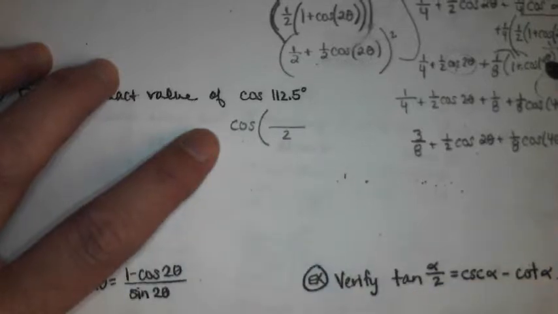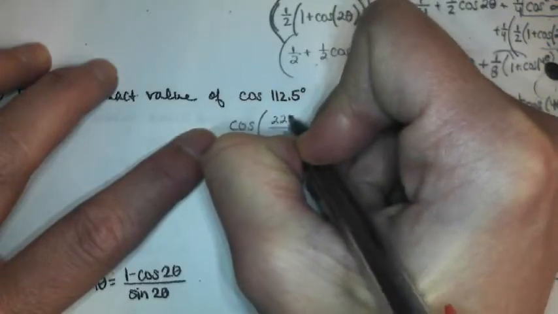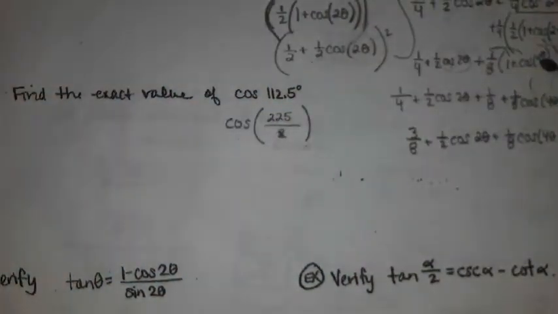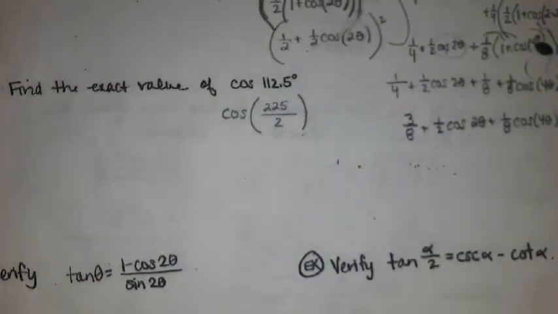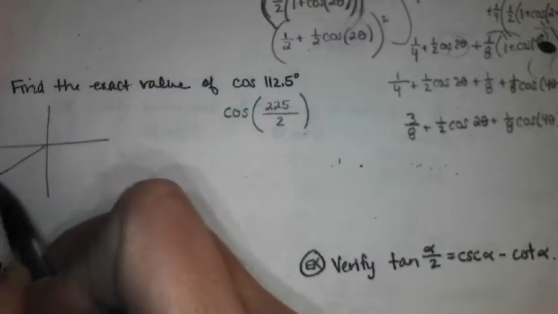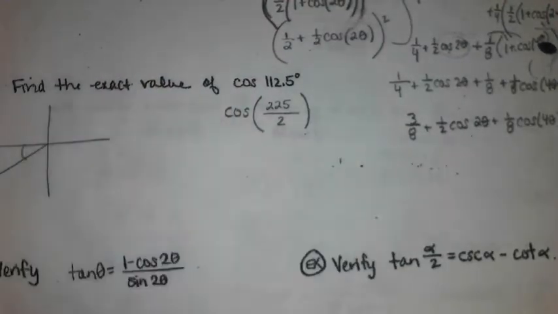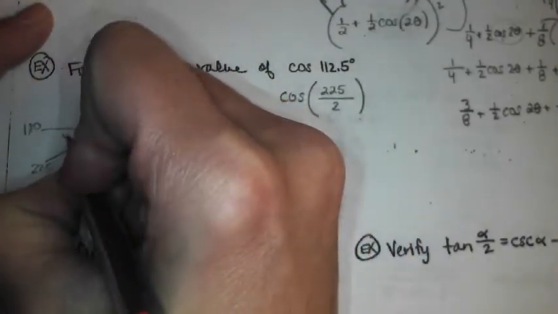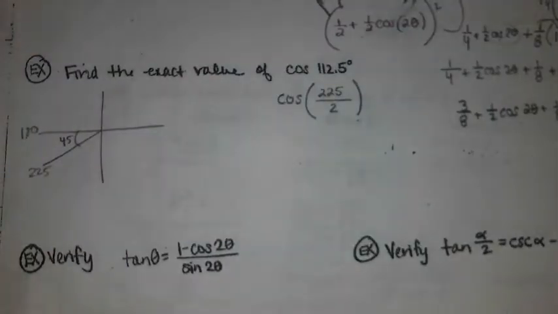What divided by 2 gives us 112.5? 225. Because if theta is 225, I will know the exact value of 225. Because 225 is in what quadrant? With what reference angle? 45. And I do know the cosine of 45.